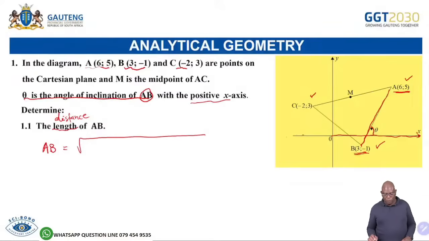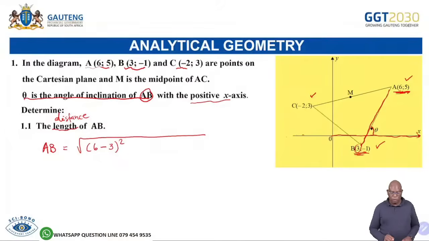Then from there I must put in my values. I can either start with A or I can start with B. But if I start with the x of A, I must also start with the y of A. So now let's start. If I start at A, I'll say 6 minus, remember the formula has a minus, so it's 6 minus this one, which is 3.